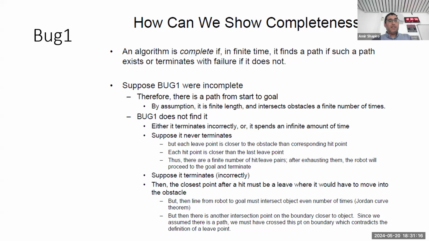And suppose it terminates incorrectly. Then the closest point after a hit must be a leave point, where it would have to move into the obstacle. But it cannot move into the obstacle, therefore it has to stop and say that there is no solution. But then the line from robot to goal must intersect the obstacle an even number of times.